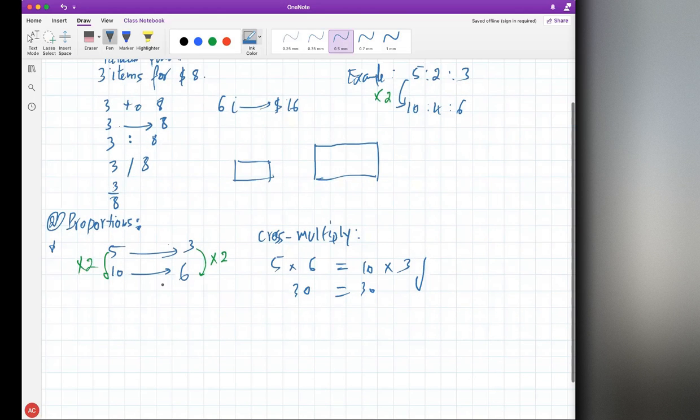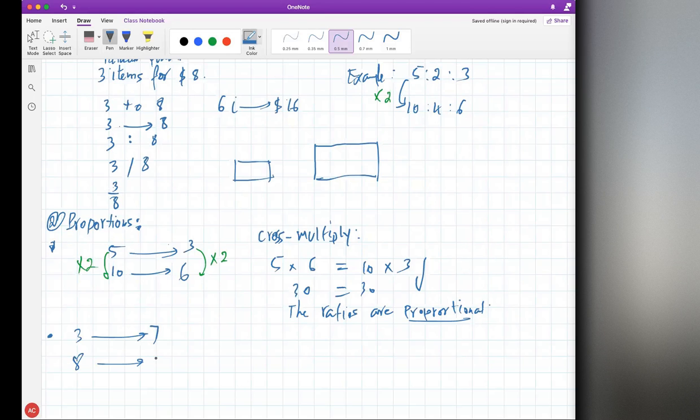So you see here the ratios are proportional because the cross multiplication is equal. Let me give you another example. Let's say 3 to 8 and maybe 7 to 11.